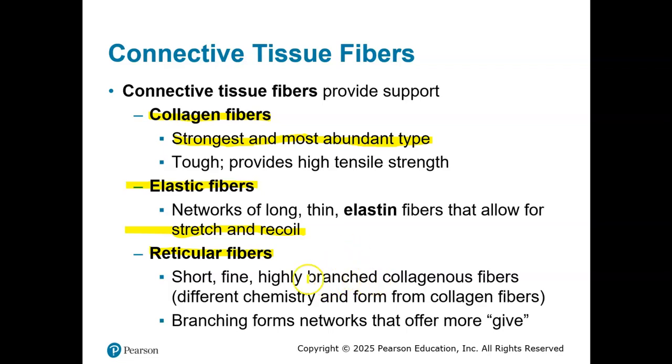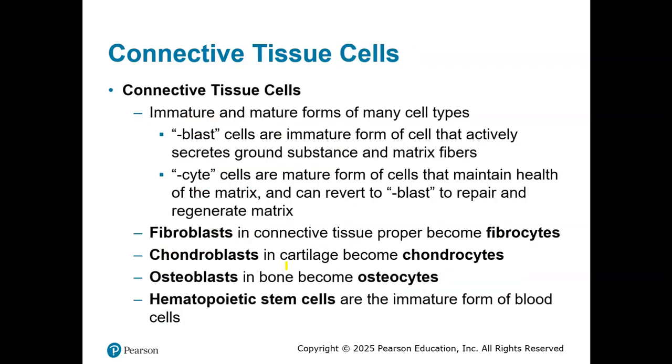So your liver, your lymph nodes, your spleen, all of those are mushy. I don't know a better word. So reticular fibers are found in that type of tissue that forms organs like the liver. Elastic fibers are for elasticity, and collagen fibers are for strength.